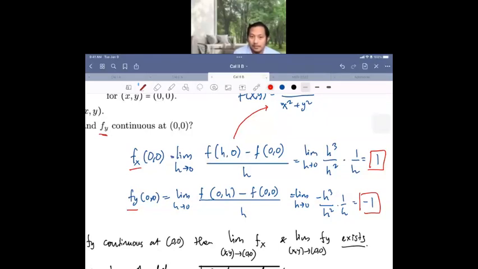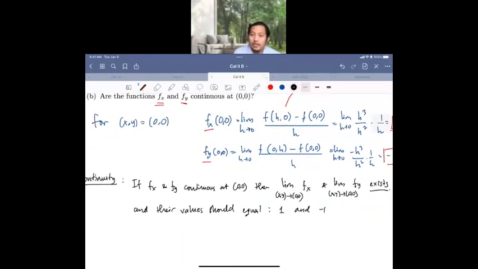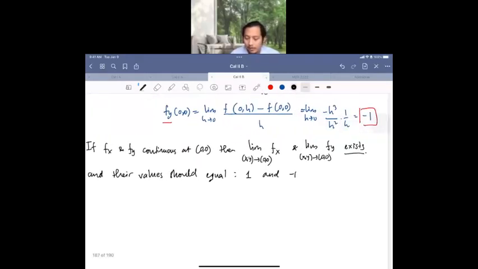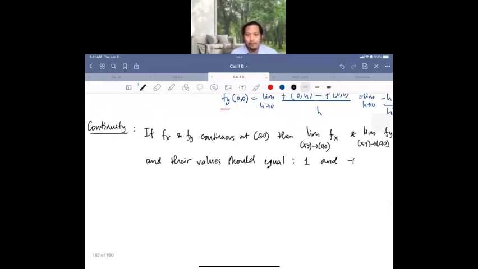Okay? Now, we need to check some path that might have some difference. Maybe we have some path that might have a little bit of difference from the supposed answer. So we take, let's say, along x equals 0. So we construct the limit as xy approaches 0, 0 of partial x.